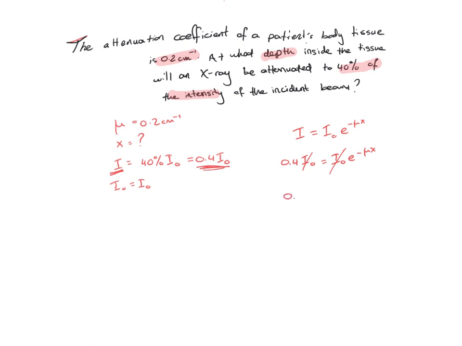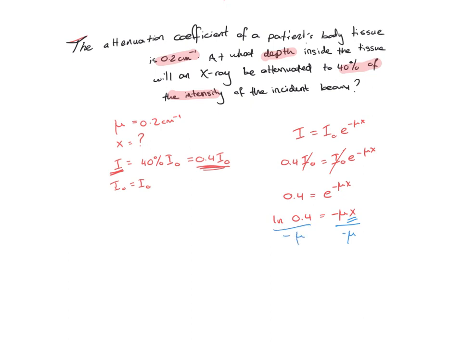And so I have 0.4 equals e to the minus mu x. This is where you bring back your knowledge of logs, or ln, and you take ln of both sides, so that will be ln of 0.4 equals minus mu x.